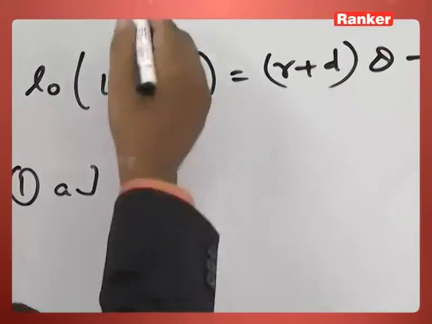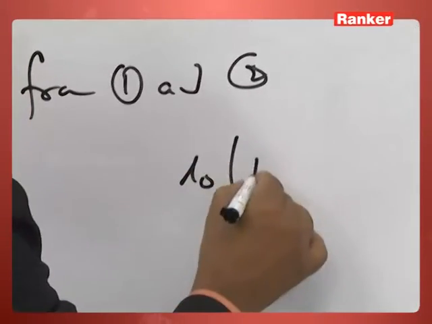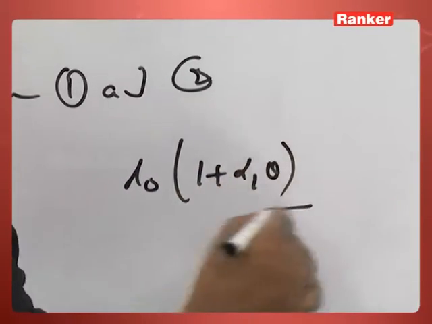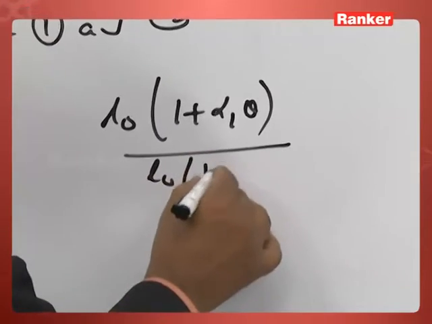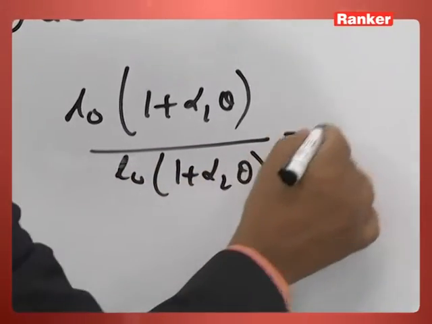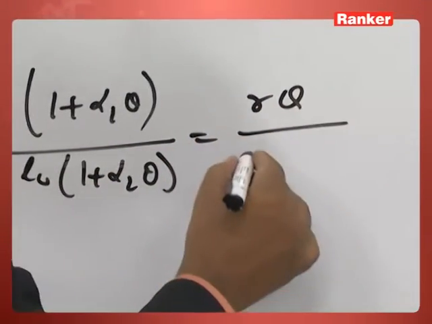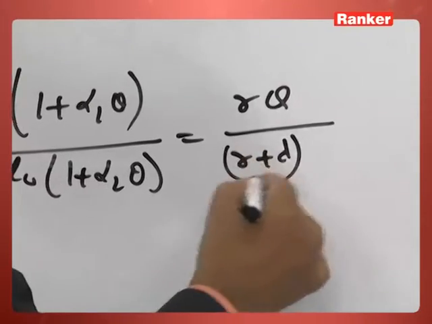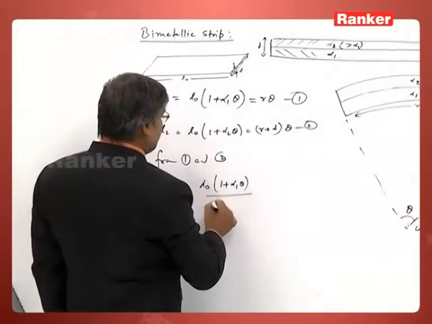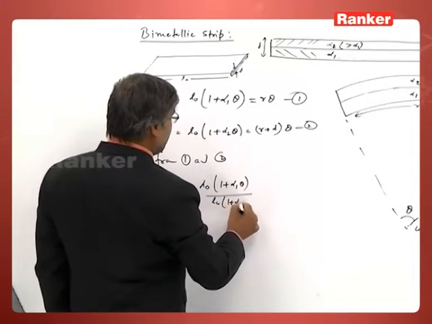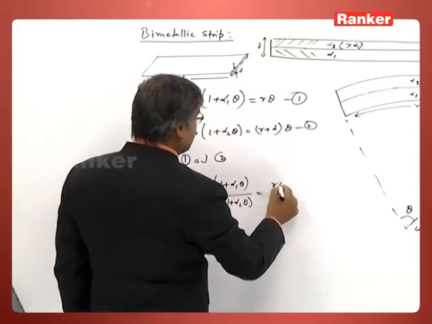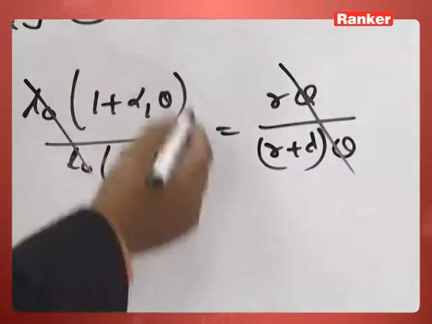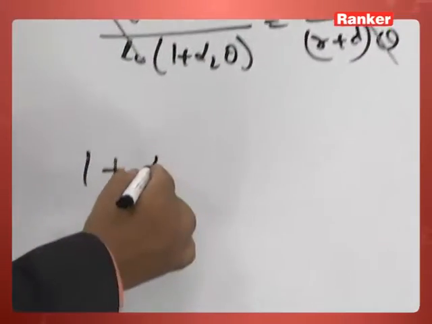Since both are arcs of the same angle, we will equate theta from 1 and 2 by dividing. So, we have L naught 1 plus alpha 1 theta by L naught 1 plus alpha 2 theta is equal to r theta by r plus d theta.